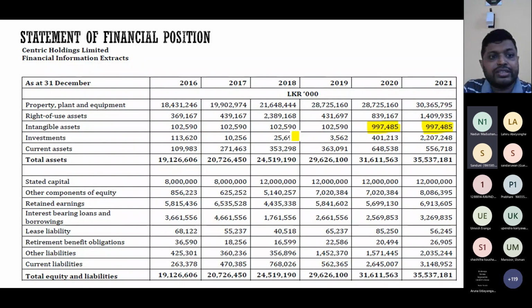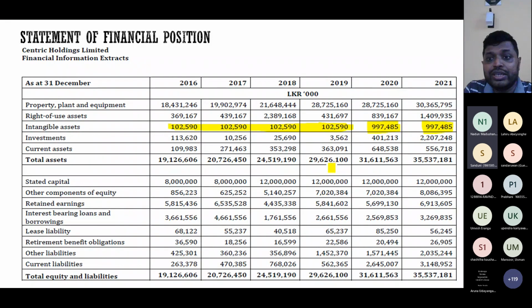It is an individual company, so goodwill should be there in the group. Then what is this intangible asset? Here there's 102,590,000. There's no amortization. If we assume the intangible asset is computer software, it has to be amortized over the period, no? But it has not been amortized. Whether they have tested for impairment, you have to look, because it remains the same amount at 102,590, and it has suddenly gone up in 2020 by how much?